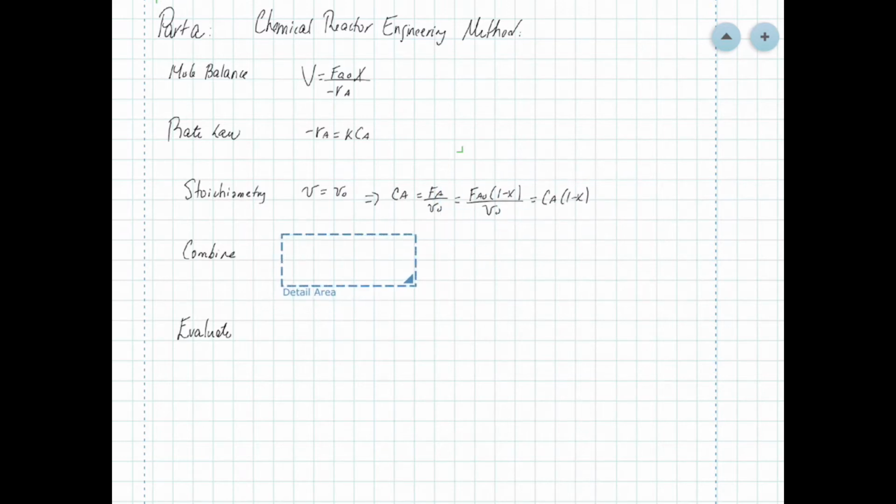Okay, for the combination, we need to combine what we have from the previous steps. So we go back to our definition of the volume. We found out that it is FA0 over CA0 times (1 minus X).